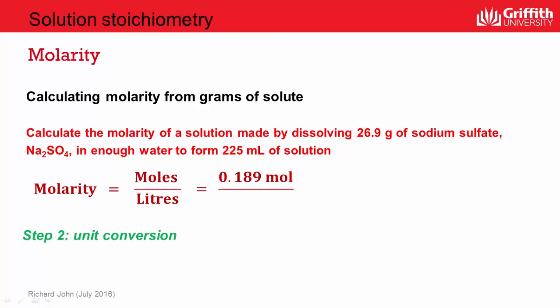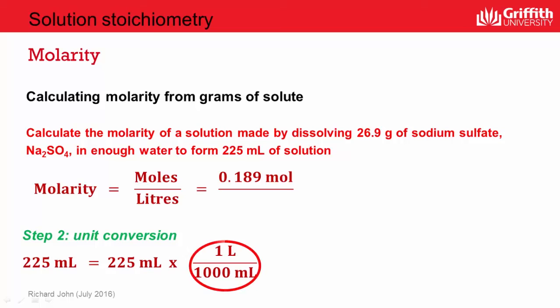Step 2, the unit conversion. What we want to do here is convert our 225 millilitres into litres, and the relevant conversion factor here is 1 litre divided by 1,000 millilitres. Now, 1,000 millilitres and 1 litre are identical quantities. So in effect, we are multiplying the 225 millilitres by 1.